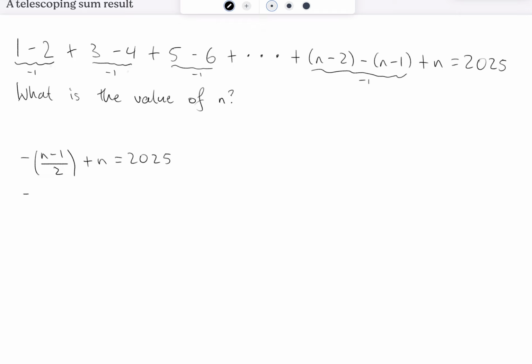So this is the easy bit. Let's expand. We have minus n over 2 plus a half plus n equals 2025. So we have n minus half of n, giving us half of n plus a half equals 2025.